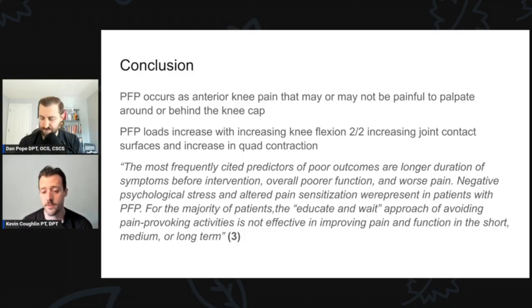And for the majority of patients, the educate and wait approach of avoiding pain-provoking activities is not effective in improving pain and function in the short, medium, or long term. So as we had said, not a wait and see approach, but something that we want to be proactive about treating. So yeah, a little bit of a summary there.